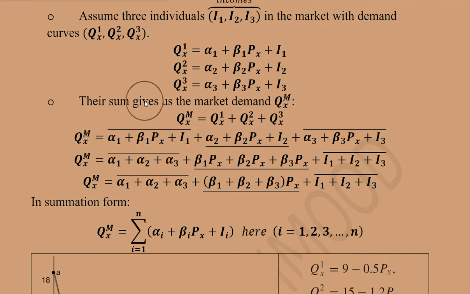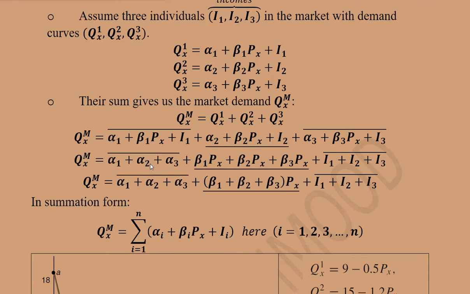The sum of these demand curves will give us the market demand curve, which is represented by QXM, and QXM is the sum of QX1, QX2 and QX3. Now it is time for us to rearrange it because we have alpha 1, alpha 2 and alpha 3.